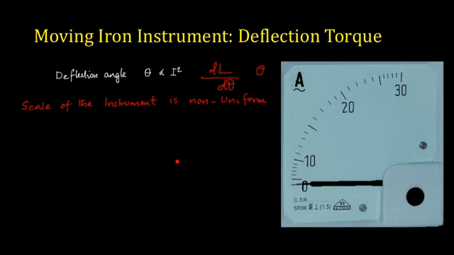So the scale of the instrument is not uniform. You had a linear relationship in the PMMC instrument, where θ was proportional to current, but here you have a non-linear relationship. For an MI instrument, you can see that your scale is cramped here, so you don't have a linear range.